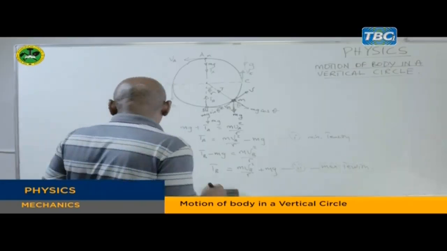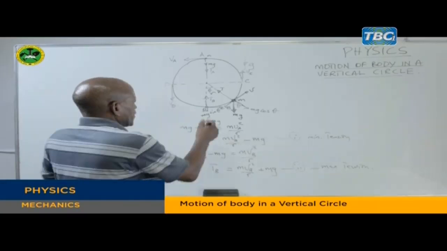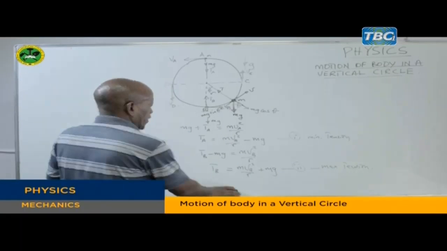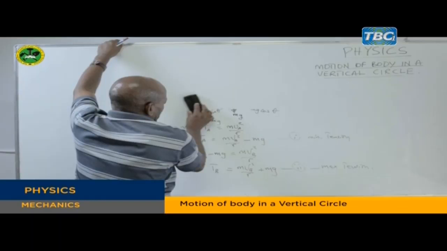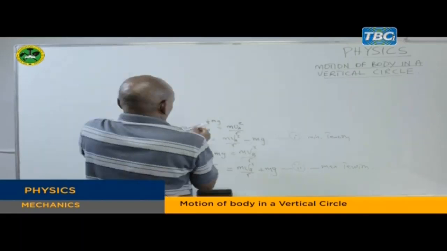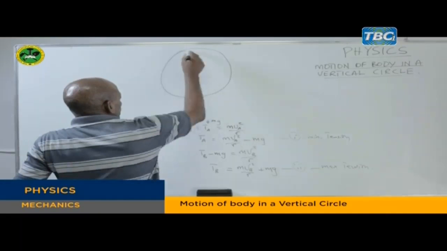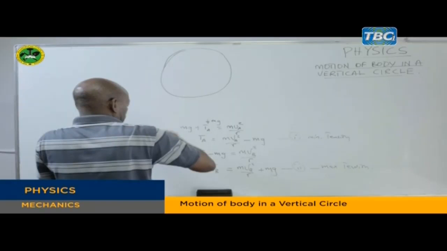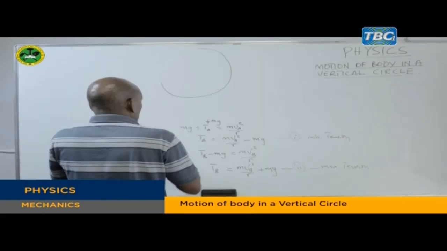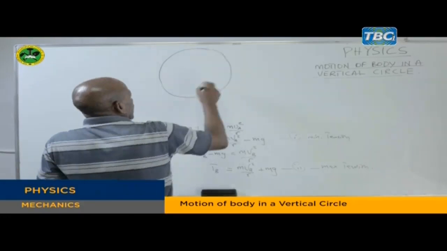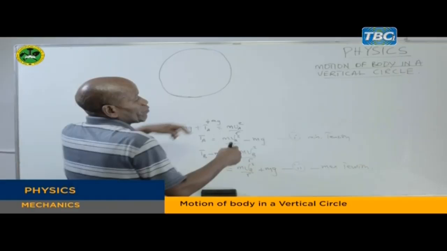So we go back to our question, where we have such a plane moving in the way we have already mentioned previously, moving in a vertical circle.